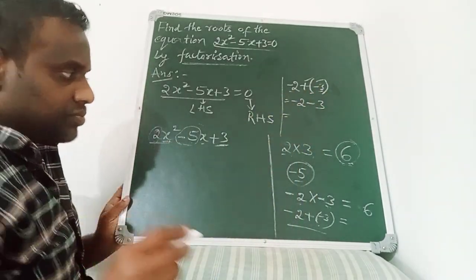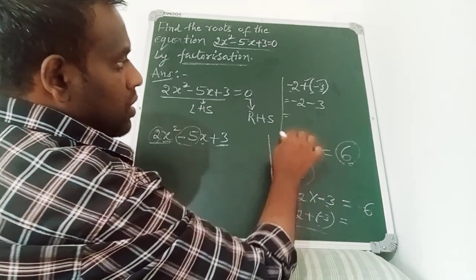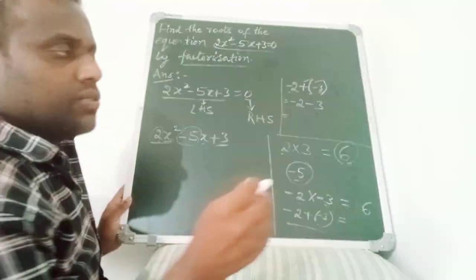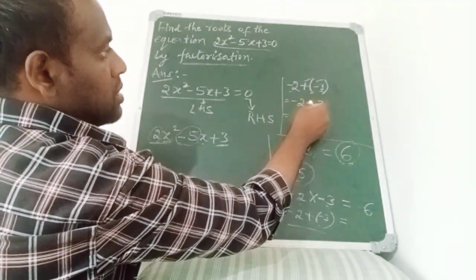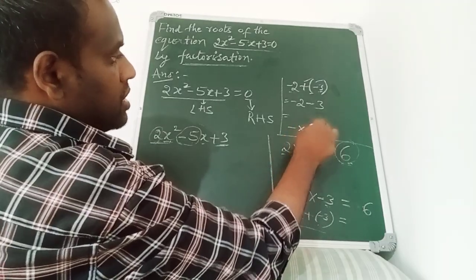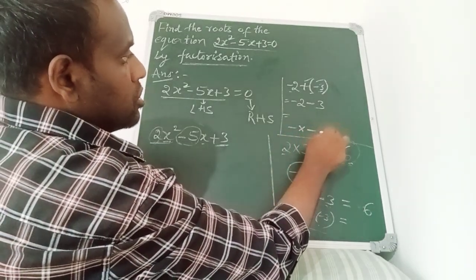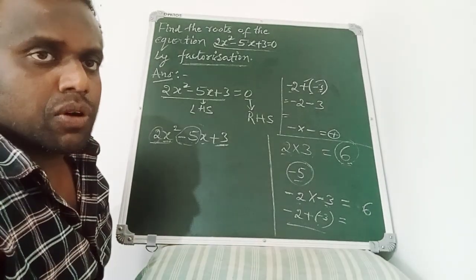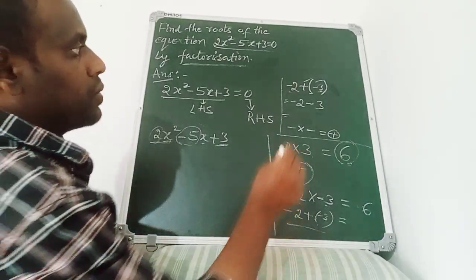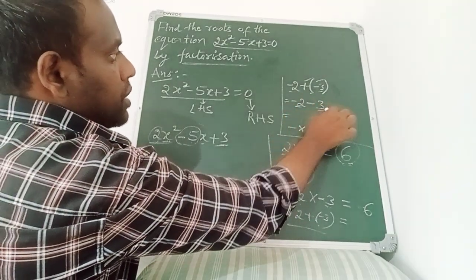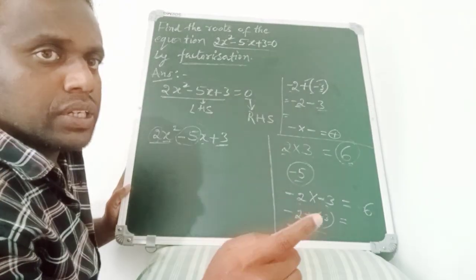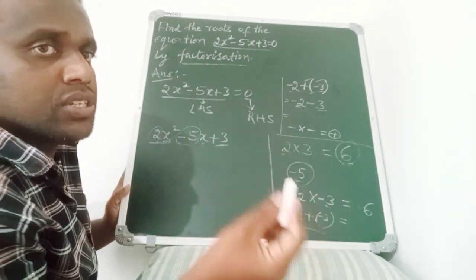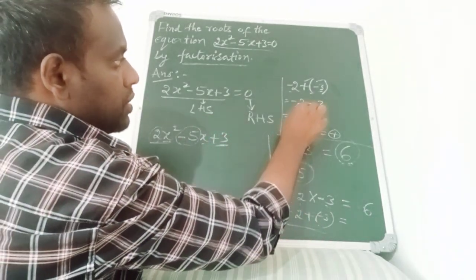Next, take the signs separately, this minus and minus. When you multiply signs, minus into minus is equal to plus, and plus means addition. That means we have to add the numbers 2 and 3. 2 plus 3 is 5. That 5 we have to write.